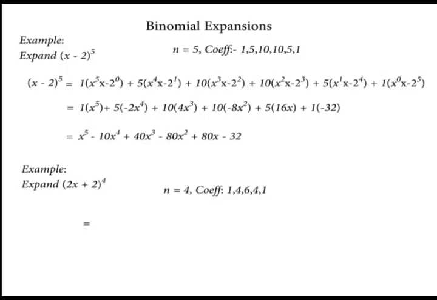First term, coefficient is 1, and so we have 1 times (2x) raised to power 4, all of it, times 2 raised to power 0, plus second term, coefficient is 4 times (2x) raised to power 3 times 2 raised to power 1, plus the third term, coefficient is 6 times (2x) raised to power 2 times 2 raised to power 2, plus the fourth term, coefficient is 4 times (2x) raised to power 1 times 2 raised to power 3.